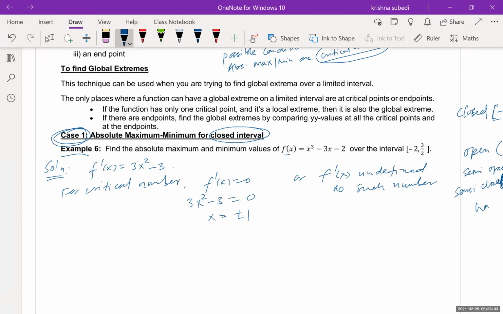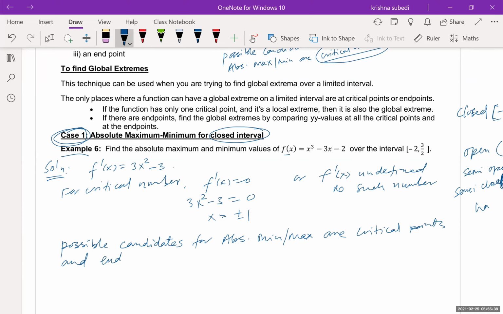Now, these are the candidates. The possible candidates for absolute minimum and maximum are critical points and endpoints.